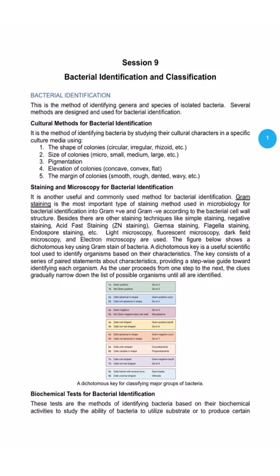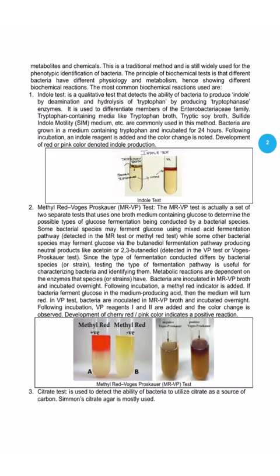So we will define different types of biochemical tests and see how they identify the bacteria based on their physiological and metabolic activities. In the biochemical tests used for bacterial identification, we are going to concentrate on the common biochemical tests used in the lab. Of course, there is a very large number of biochemical tests.